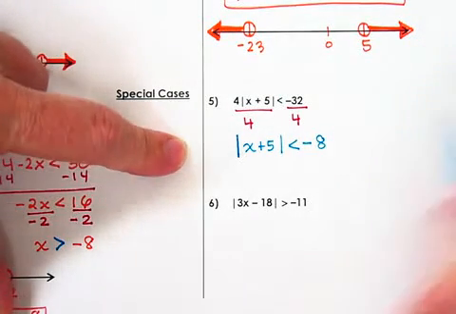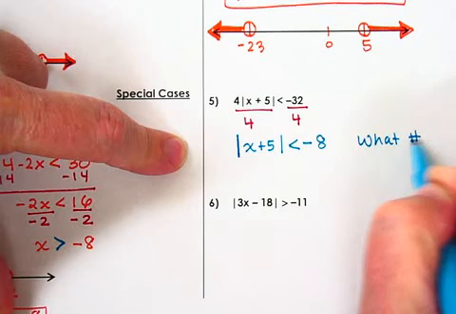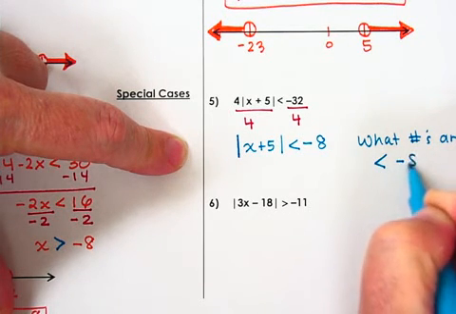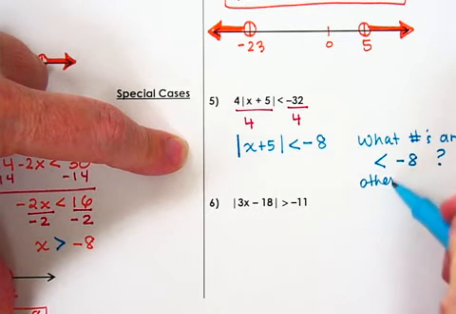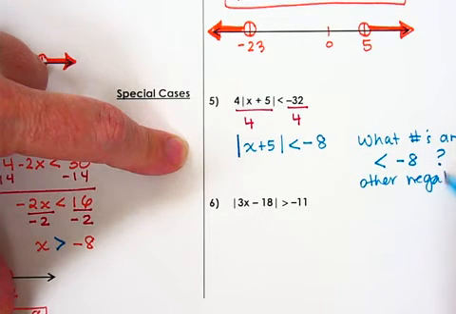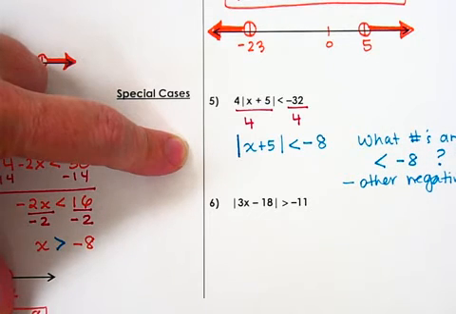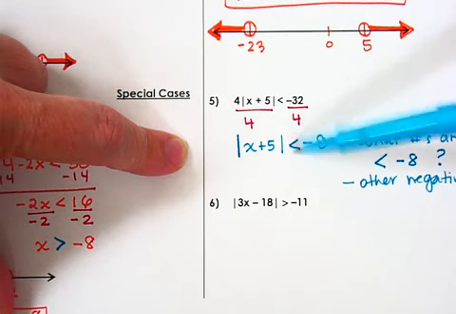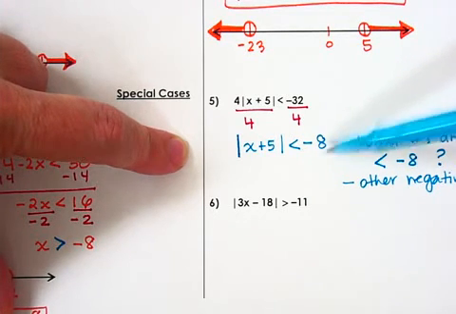But what types of numbers are smaller? What numbers are less than negative 8? Well, those are other negative numbers, other negatives. So if other negatives are smaller than negative 8, is it possible then for an absolute value to ever equal a number that is less than negative 8?